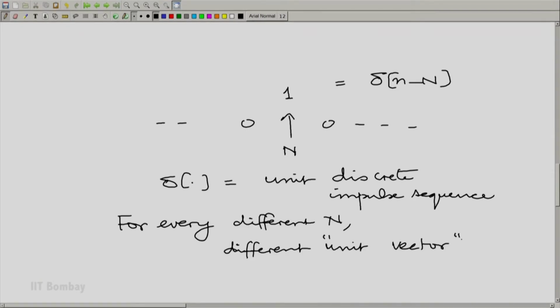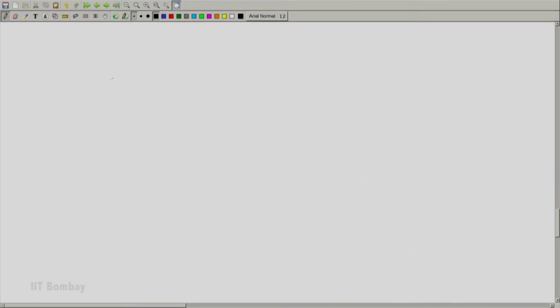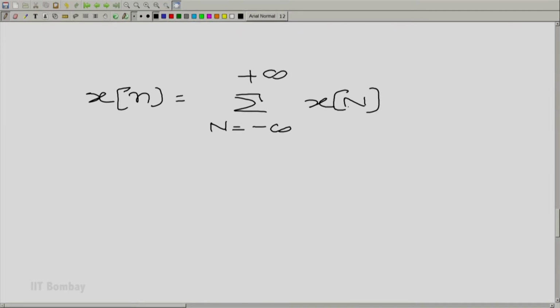And in fact, when we write down x[n] in terms of its decomposition in terms of these unit vectors, in other words, we could write down x[n] as the summation over capital N going from minus infinity to plus infinity of x[N] times delta[n minus N].